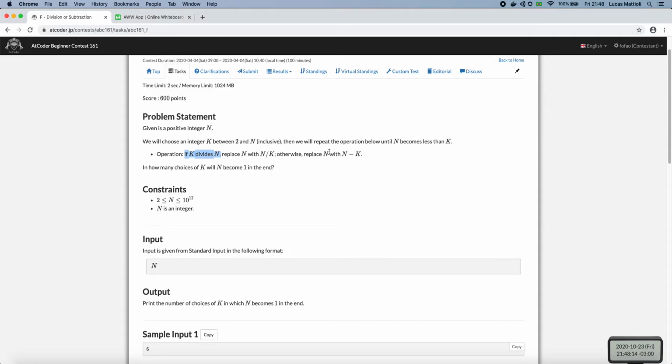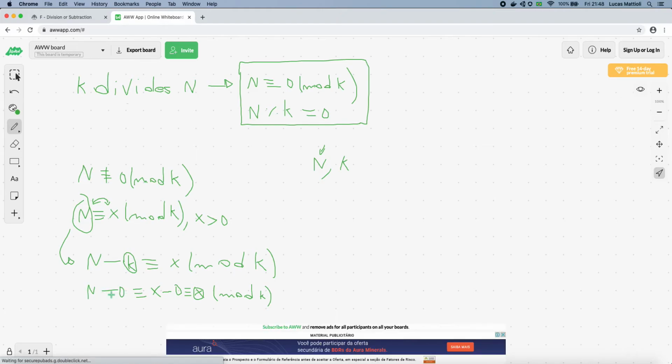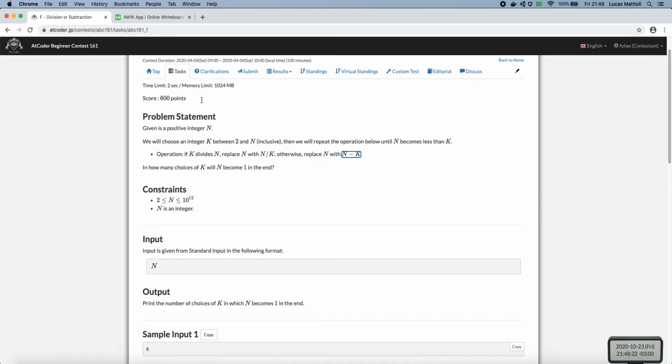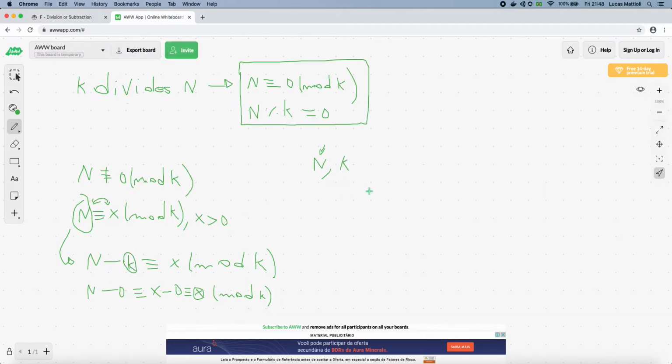And the only option we have is the subtraction operation. But we have seen that with this operation we cannot arrive at some n that will be a multiple of k. So we will never be able to do the division operation. So if n at the start is not a multiple of k, it will never become 1.